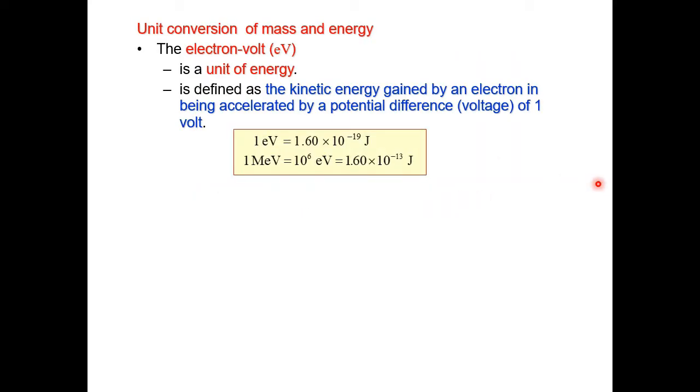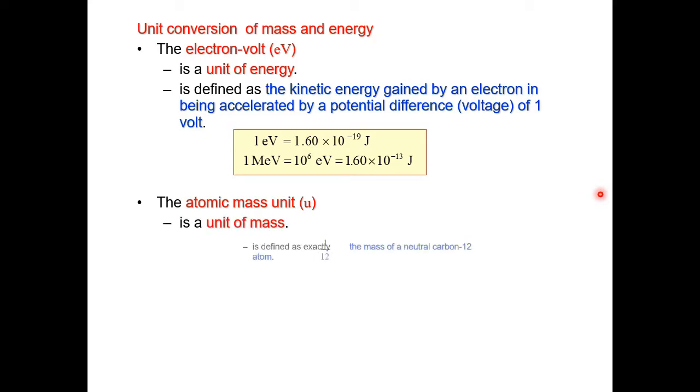Here are the unit conversions of mass and energy. 1 electronvolt is equal to 1.6 times 10 to the power of negative 19 joule. If you want to change it to mega electronvolt, 1 mega electronvolt is equal to 10 to the power of 6 electronvolt, which is also equal to 1.6 times 10 to the power of negative 13 joule.